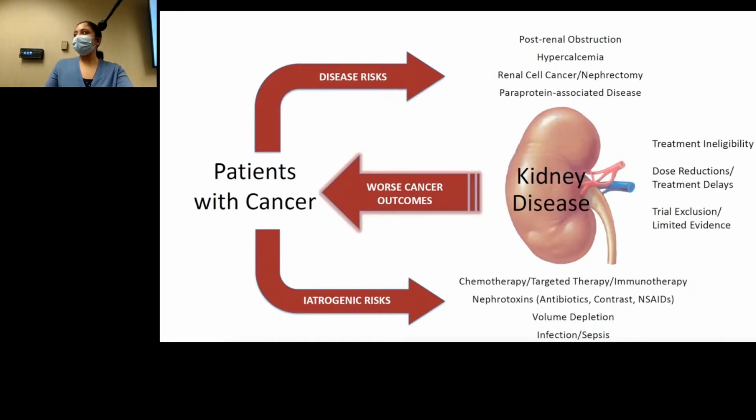They may become treatment ineligible, or they may need some dose reductions. And really, the doses have not even been studied that well in these patients. There may be a delay in their treatment. Many times we see that when patients develop a rise in creatinine, their chemotherapy is held, or they may have to be hospitalized. And then they may be excluded from certain clinical trials, again because of limited evidence.